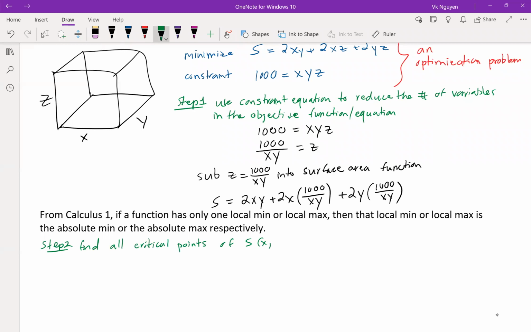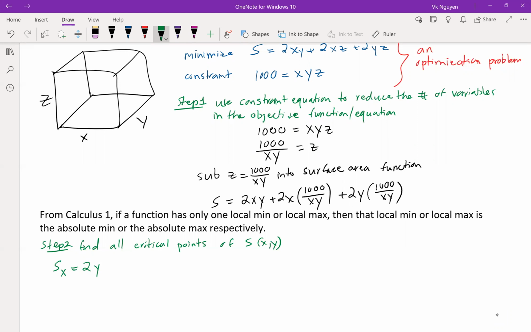find our critical point of S(x, y), where S is the function in terms of x and y now. Do S_x, the partial derivative with respect to x. Oh man, one of them is going to cancel.